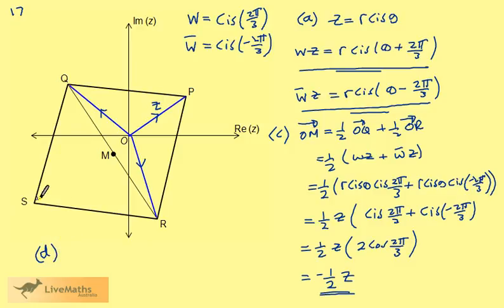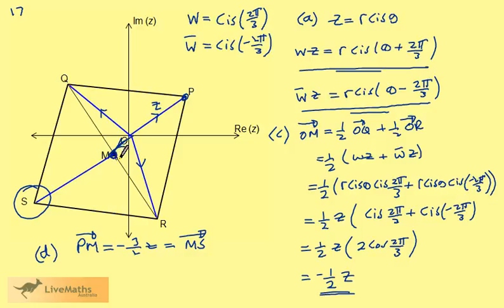Finally, in part D, we're told that S is chosen so that this is a parallelogram, and we want to find the complex number represented by S in terms of Z. This really isn't very much work for 3 marks, because we know that this is Z, we know that this is negative a half Z, so PM is equal to minus 3 over 2 Z. That has to be equal to MS if this is a parallelogram.